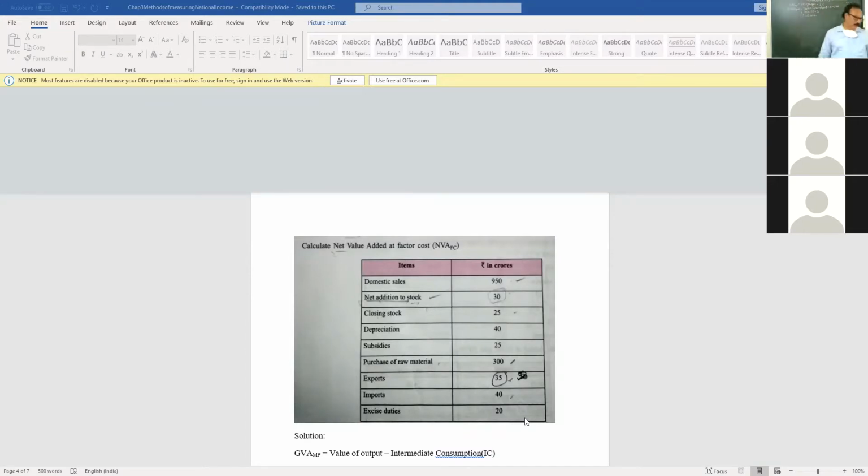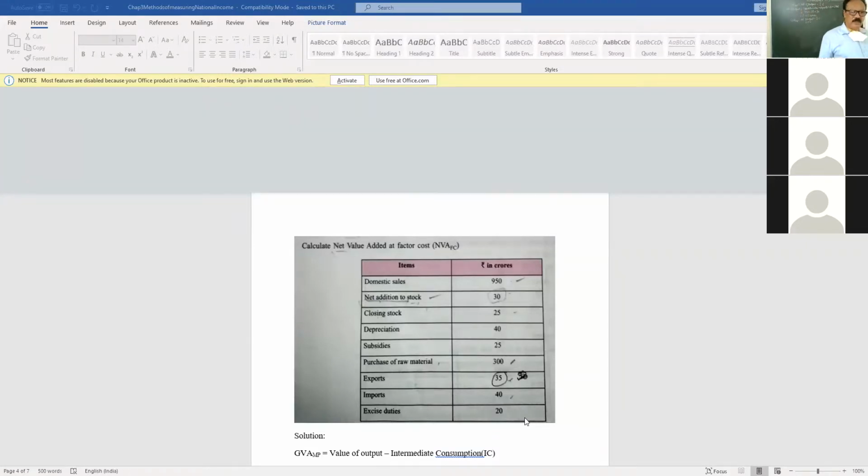Now we will substitute this in the formula: GVA, gross value added at market price, equals value of output minus IC, intermediate consumption. 1015 minus intermediate consumption.